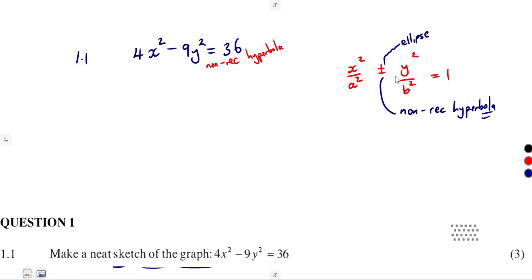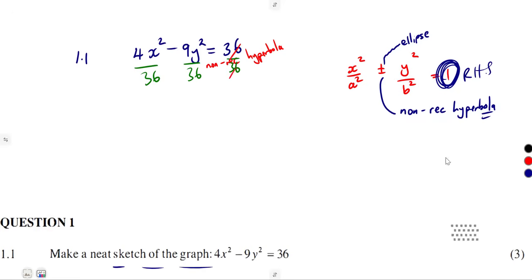In this format, we have got the x and the y values from a and b that we are given. So what we need is to make sure that there is a 1 on the right hand side. All right, so on our right hand side, for us to have a 1, we're simply going to divide each and every term by 36. Okay, so this is the concept.